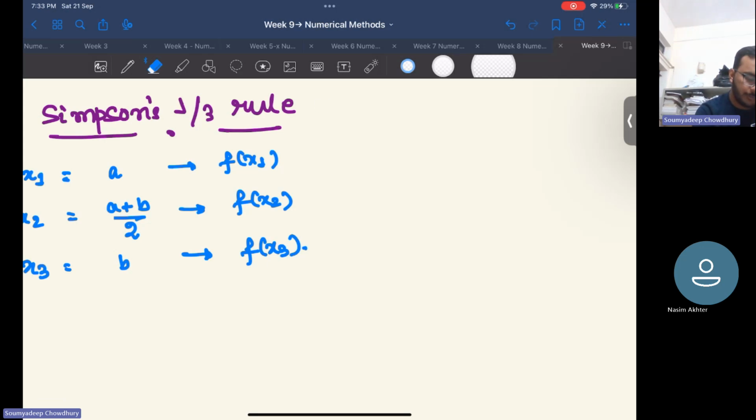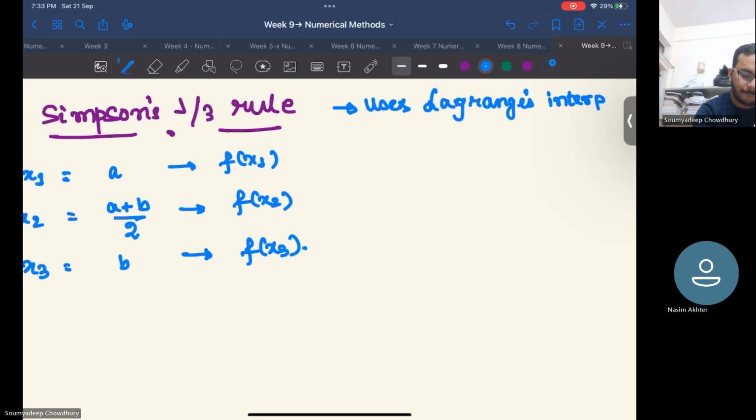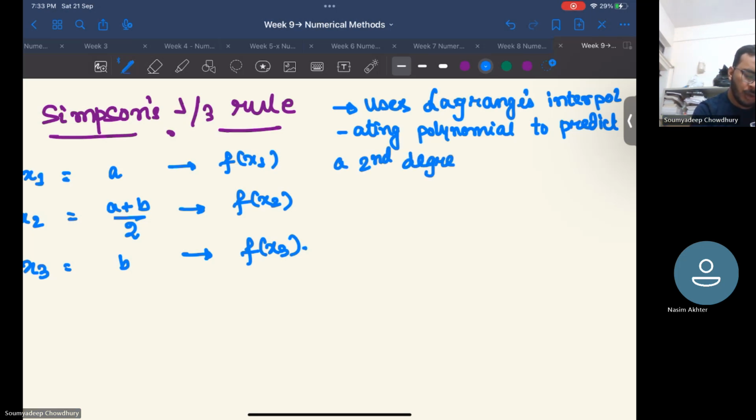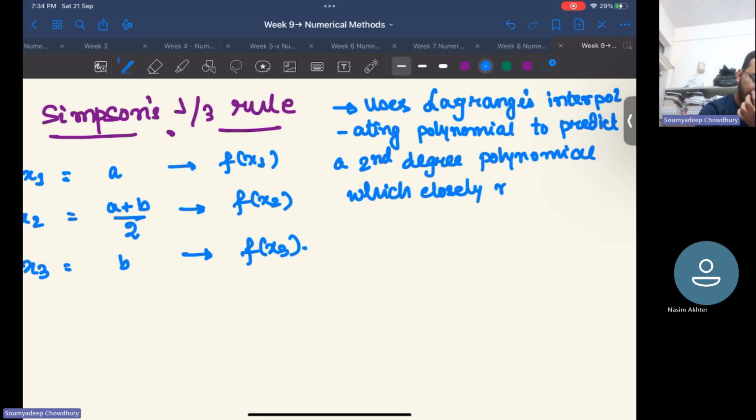So how do we approximate the integrand? In interpolation, I had talked about Lagrange's polynomial, right? So we use Lagrange's interpolating polynomial to predict the second degree polynomial, which closely mimics the function or the integrand.